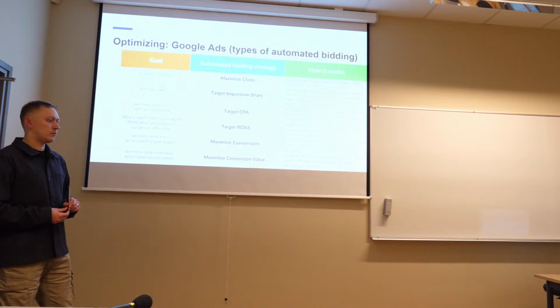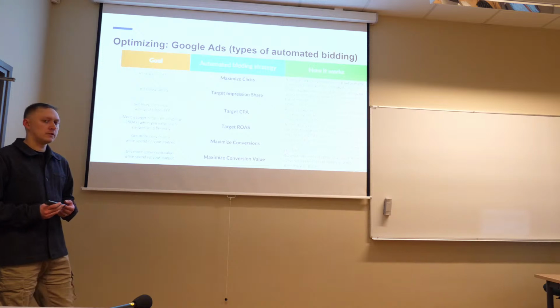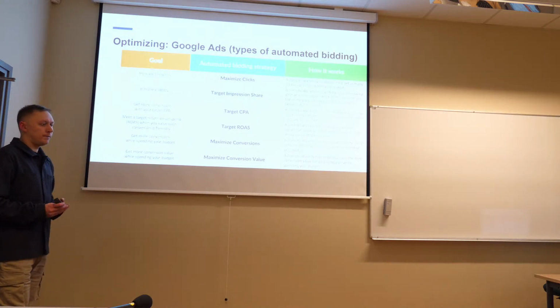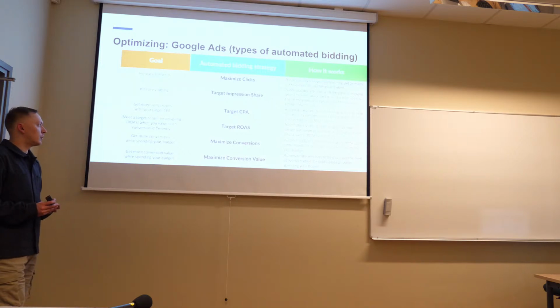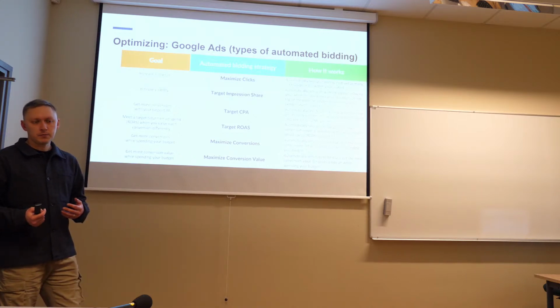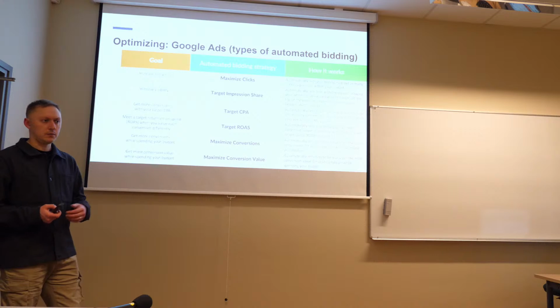It depends on what conversions you're optimizing for. Let's say if your margin on each product is €1, then you set your target CPA to €1, and then you're probably going to break even with your marketing budget.